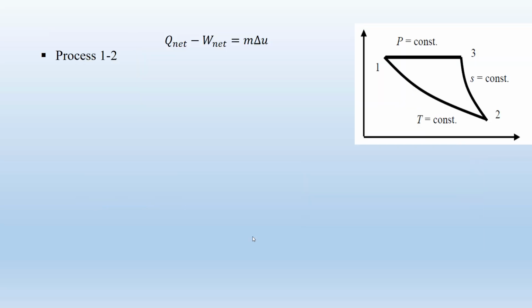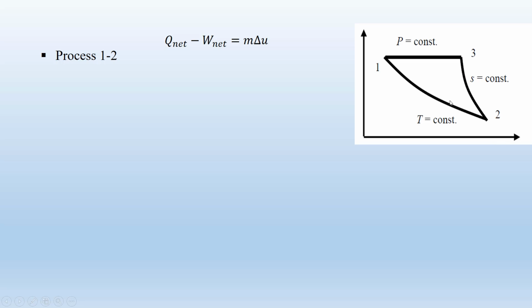So for the first process, let's simplify the first thermodynamic law for process 1 to 2. Please spend 2 minutes. What do you think? And then simplify this first thermodynamic law for this process 1 to 2.